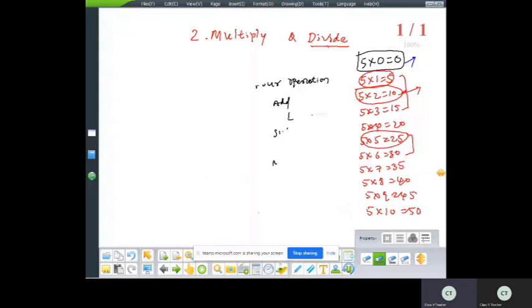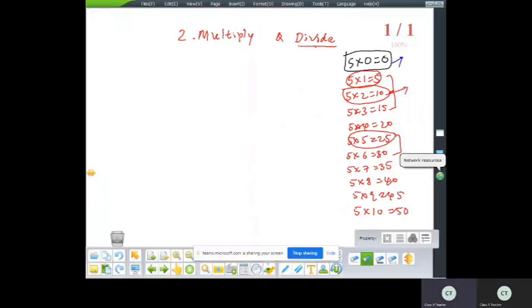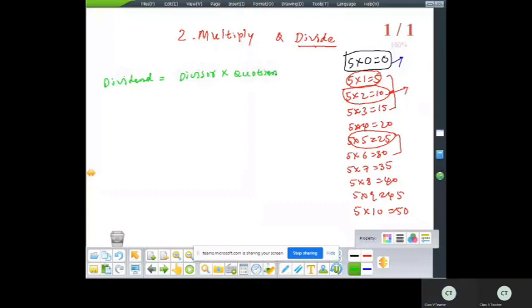We have a formula here. The formula is: dividend is equal to divisor into quotient plus remainder.